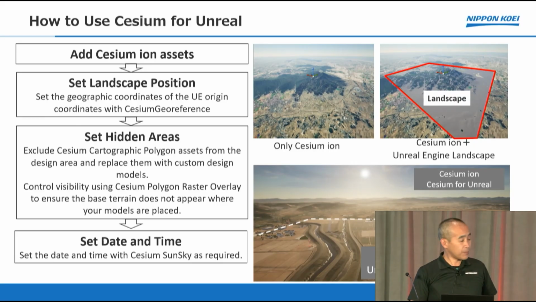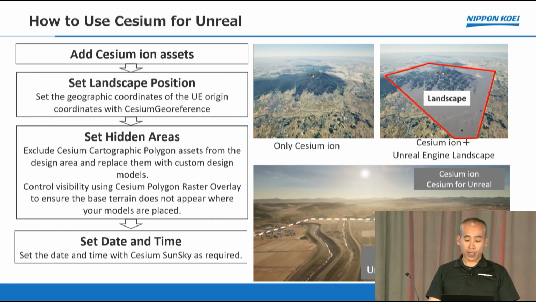So here is the basic workflow. First, we add the Cesium ion asset. Then, using Cesium Georeference, we set the geographic location for the origin point in Unreal Engine. Next, we make sure the Cesium ion data does not show up inside the design area.